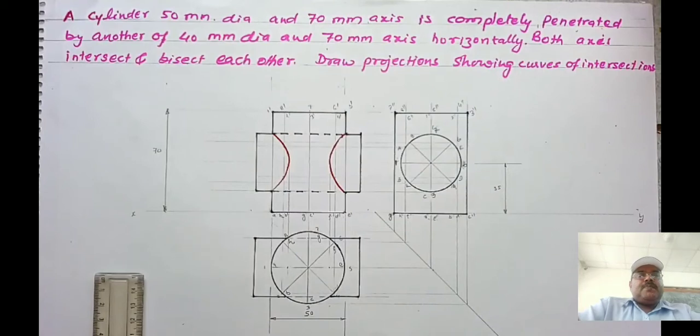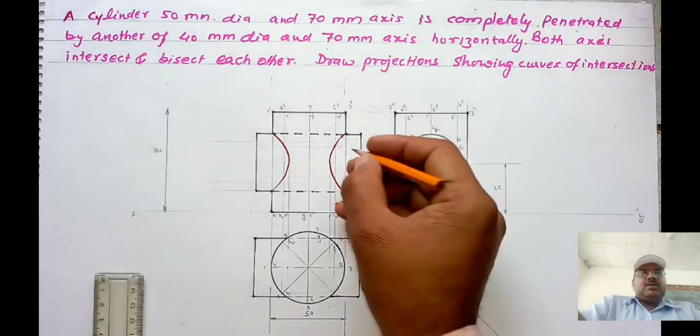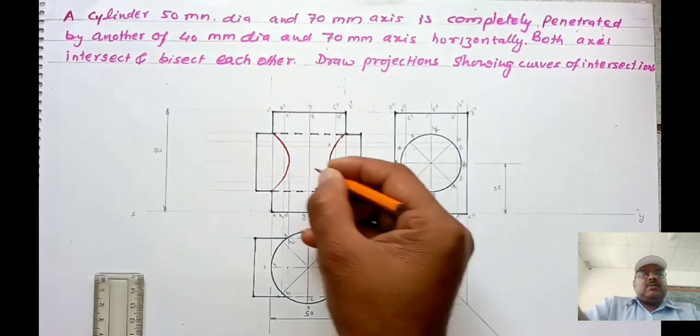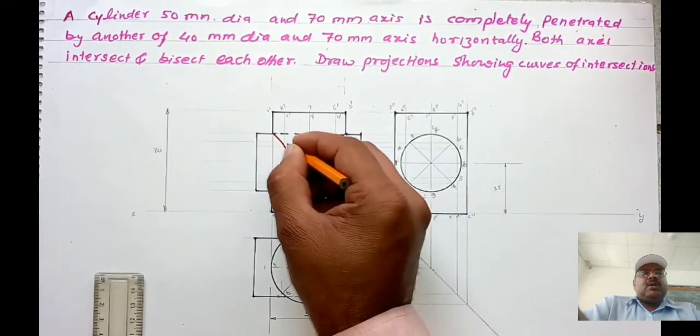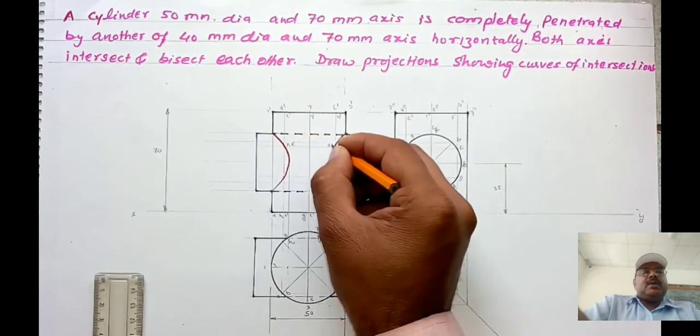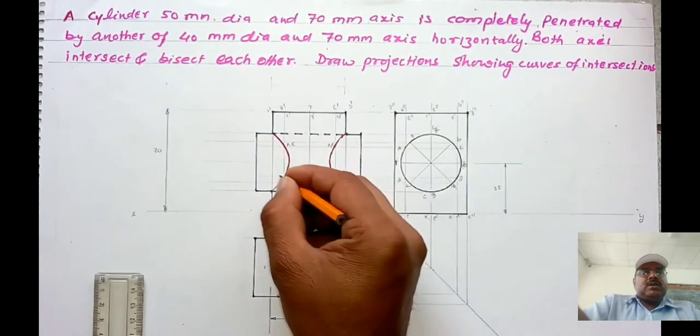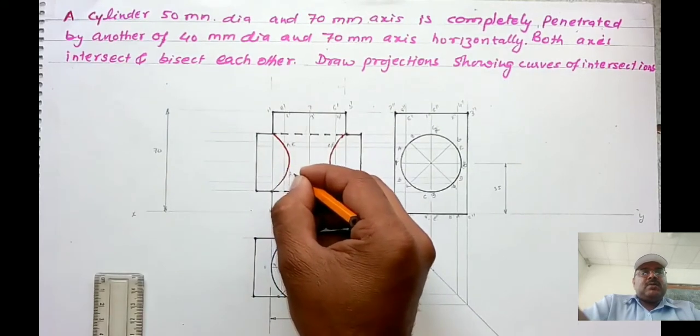In case of prism to prism intersection, we get a straight line, so in that case we observe the line of intersection. Here we observe a curve of intersection. Name the intersection points as shown in the figure.